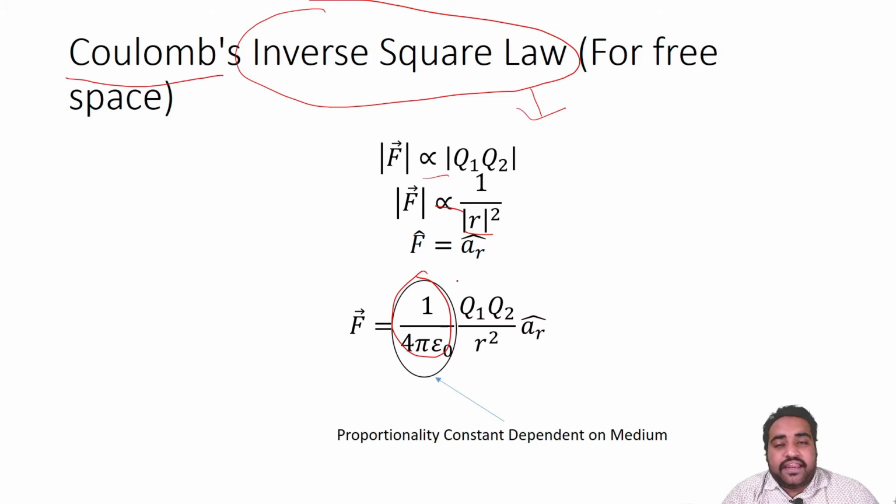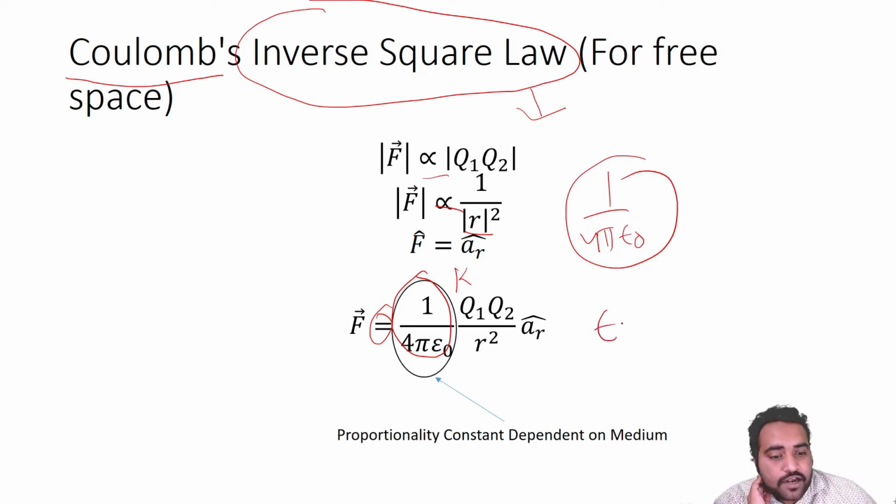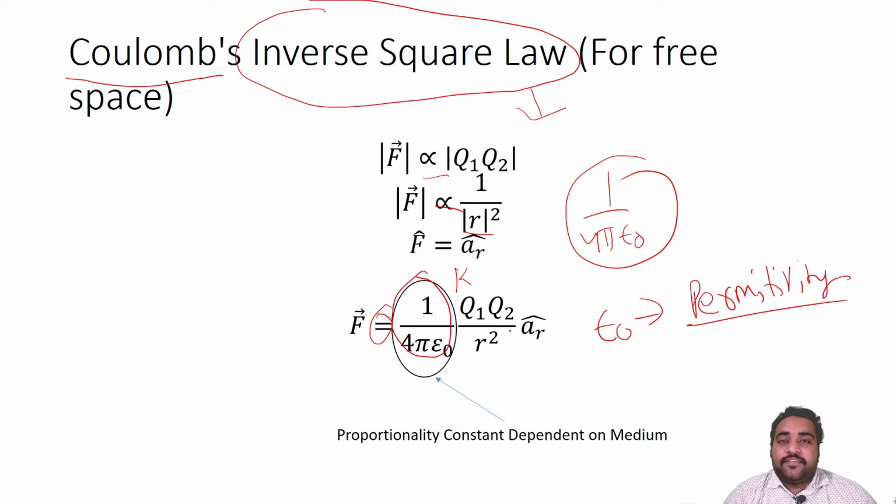So to make it an equal symbol, we need a proportionality constant K. This 1 by 4 pi epsilon naught is one such proportionality constant. Epsilon naught is called the permittivity of free space. What is this permittivity? We'll discuss in the subsequent section.